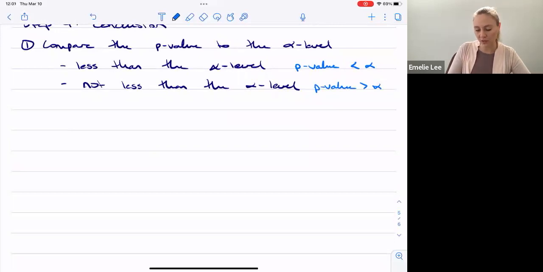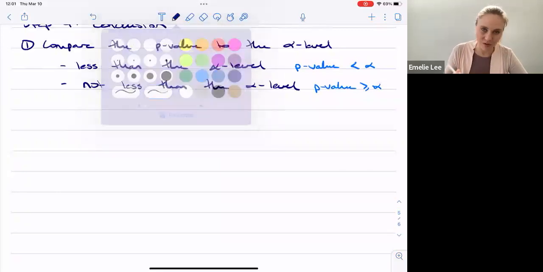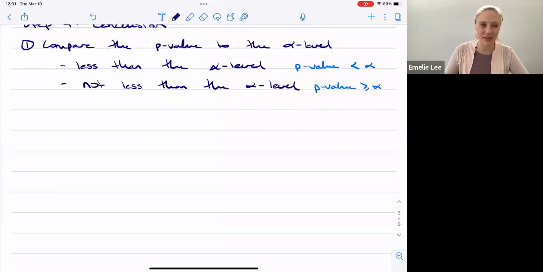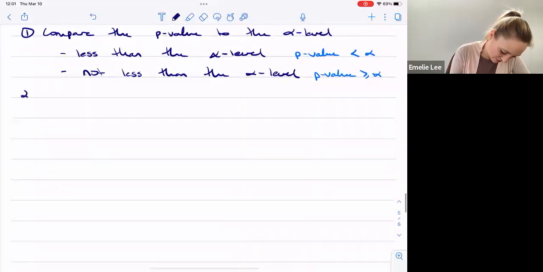You could have the equal to somewhere, and I guess you could put it in the not less than the alpha level. I always verbalize what my p-value is, what the alpha level is, and if it's less than or not less than. And you'll see why I use not less than instead of greater than in the next step.